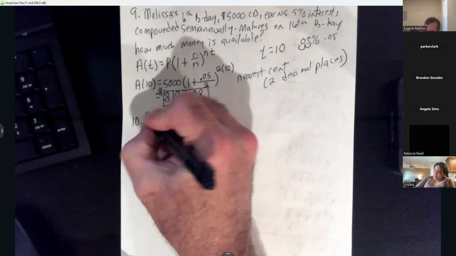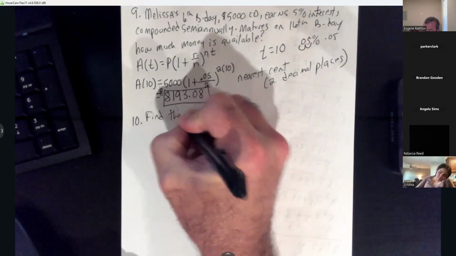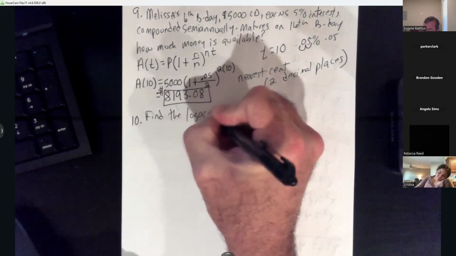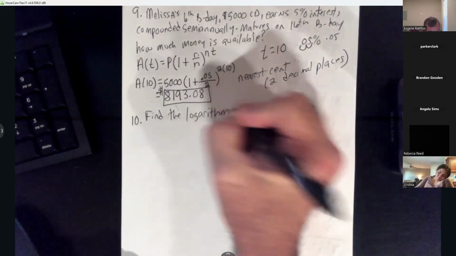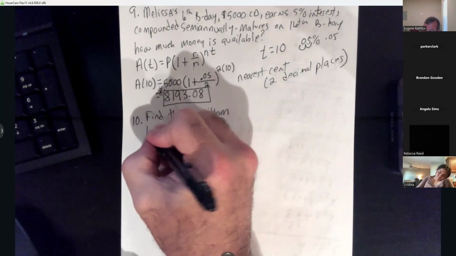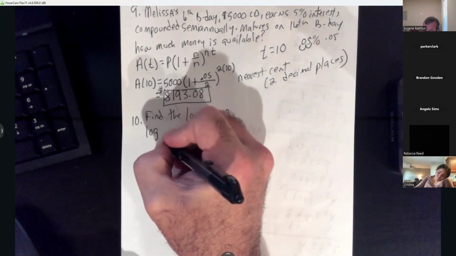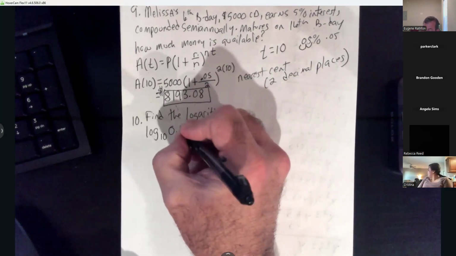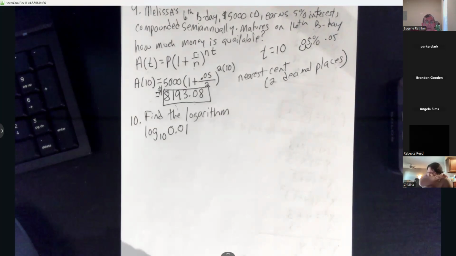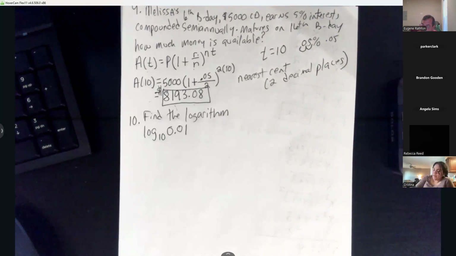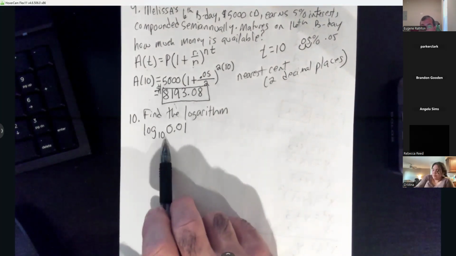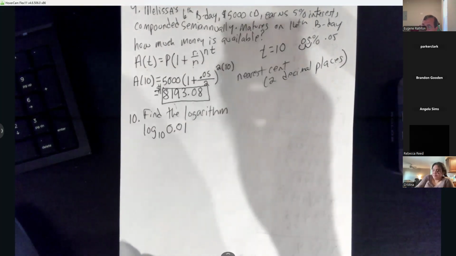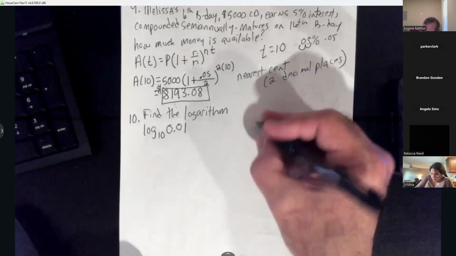All right, y'all, number 10, find the logarithm. They're giving me log base 10 of 0.01. Now, remember, a log base 10 is still a common log.